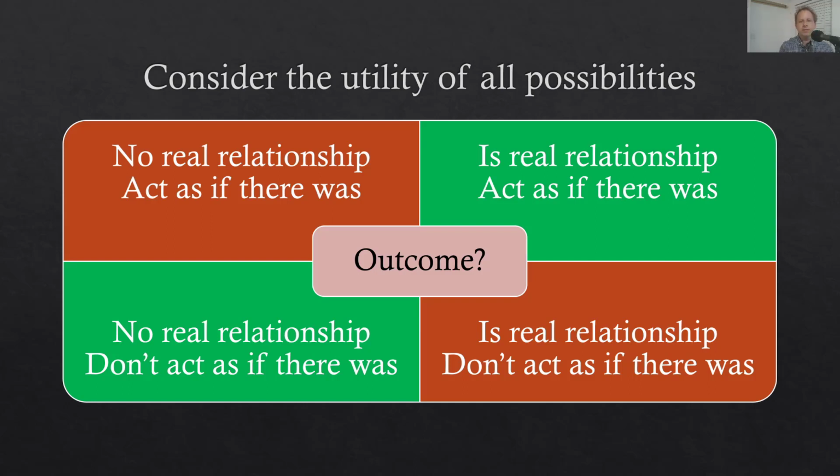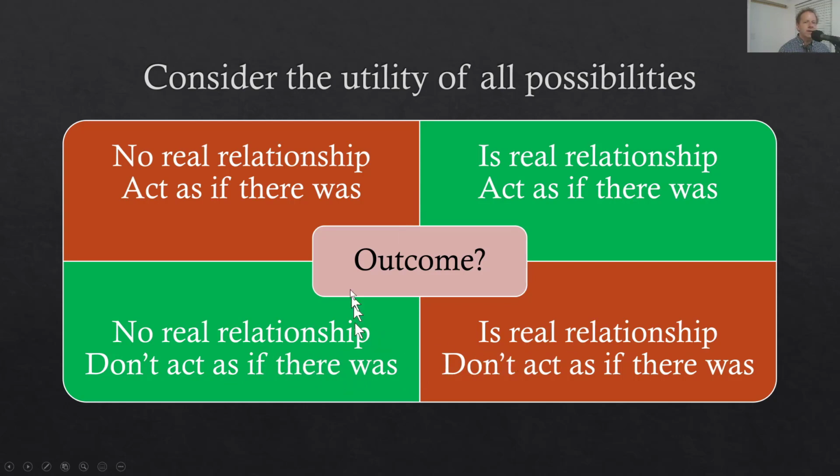So in this case, for example, there are basically 4 possible ways this could end up. There really is a relationship between temperature and R, that's the right-hand side, or there is no real relationship between temperature and R. And we might act on the assumption that there is a relationship, or we might act on the assumption that there isn't.